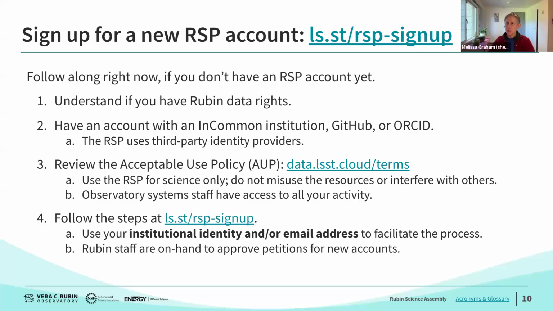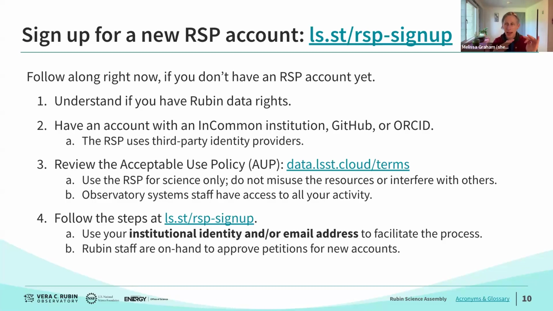There you go. So first, the instructions on that page will ask you to understand if you have Rubin data rights. We just covered that. You do need to have an account with either an in-common institution, GitHub, or ORCID. I think Google and Microsoft are also options. The RSP uses third-party identity providers.